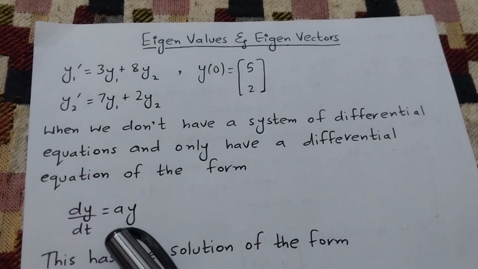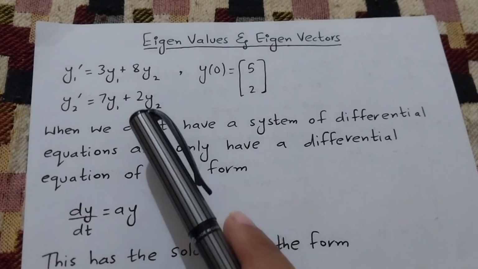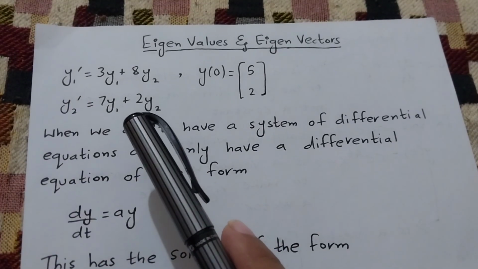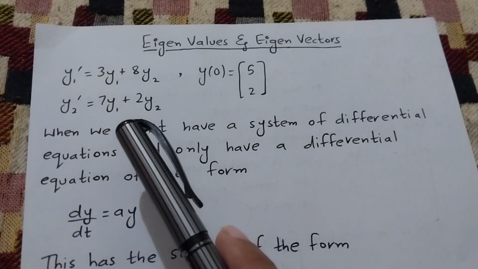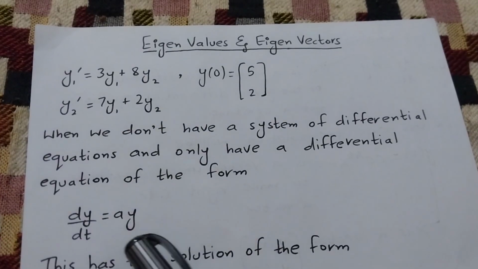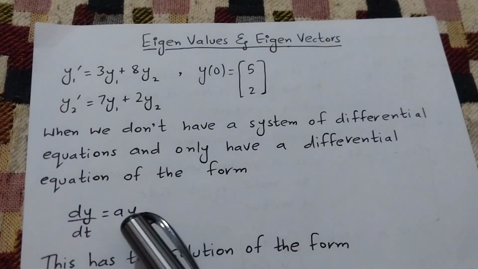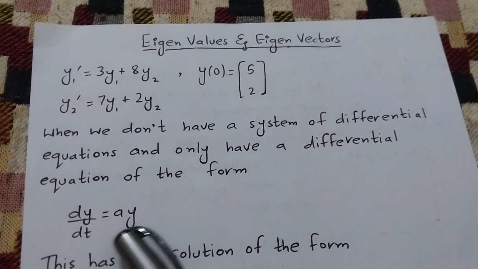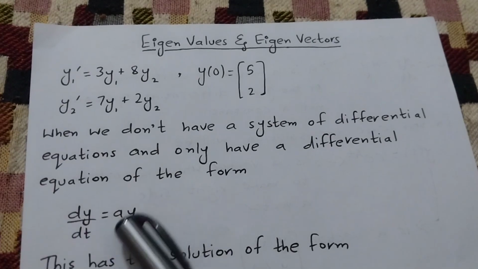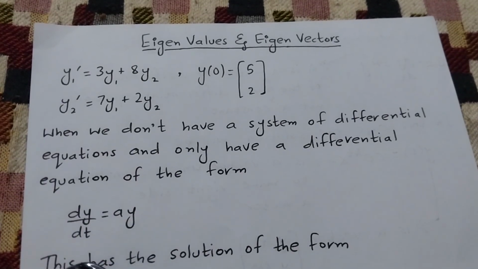But the problem we are facing here is that we have a system of linear first order differential equations. We don't have just a single linear differential equation. If we had a single linear first order differential equation like this, a constant multiplied by the unknown on the right hand side, then the solution would be what I explained.